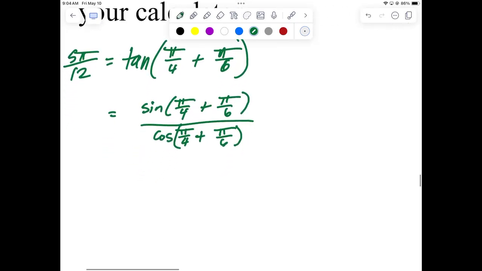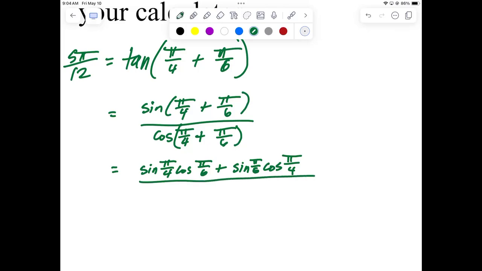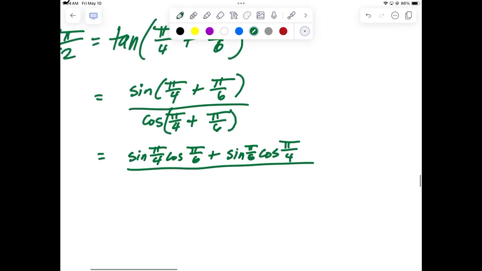All right, let's keep working straight down with our equal sign. Now I can expand the top using sine. That's sine of the first, cosine of the second, same sign, sine of the second, cosine of the first. All over cosine's identity, which is selfish, right? Cosine, cosine.